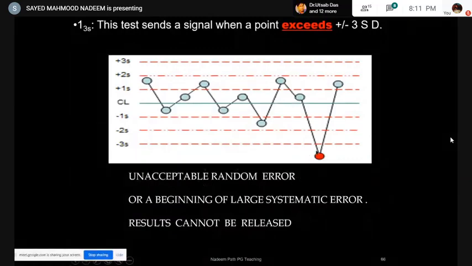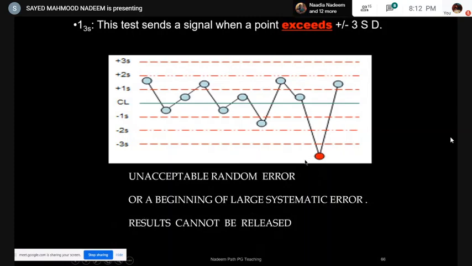If you get 1-3S, you have to stop your work. This is something which is not acceptable. Results cannot be released. So 1-3S is considered as a rejection rule.